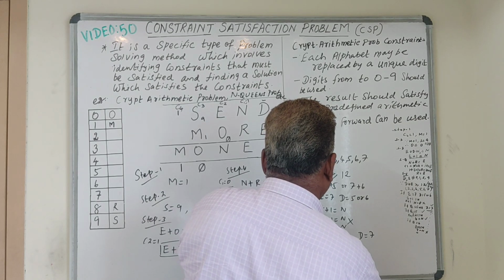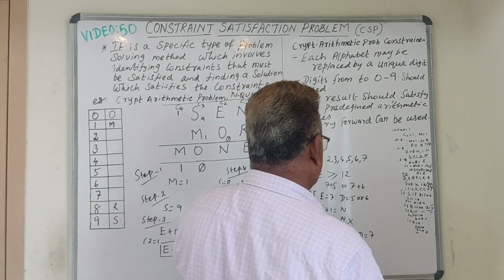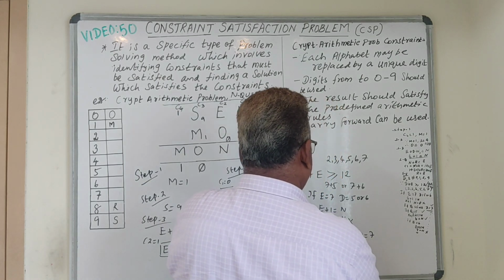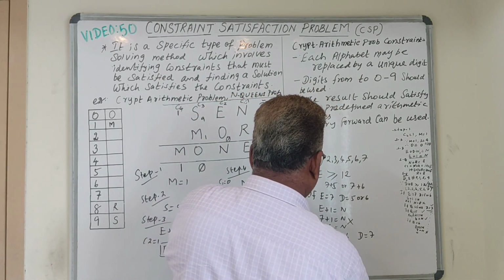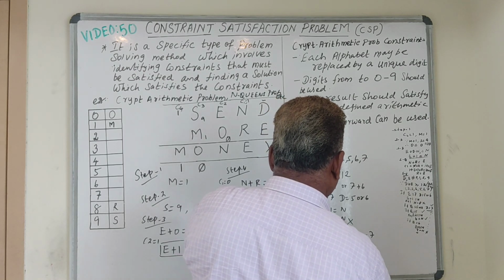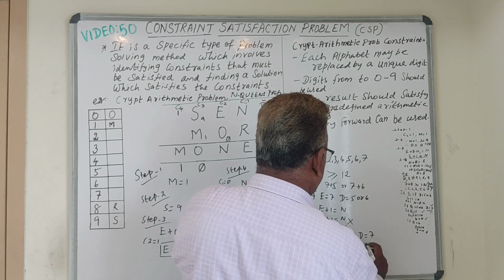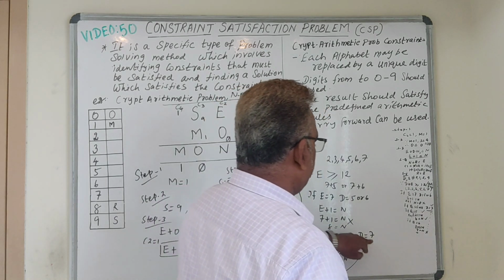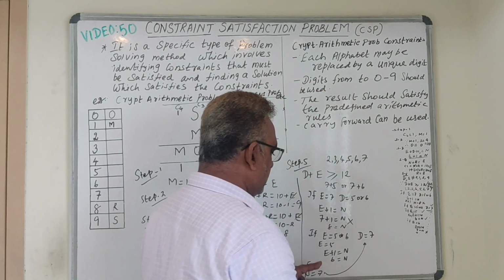So E plus 1 is equal to N, so in this case N is equal to 6. Suppose you take E is equal to 6, what will happen? You will get the value 7 for N, but 7 is already assigned for D.